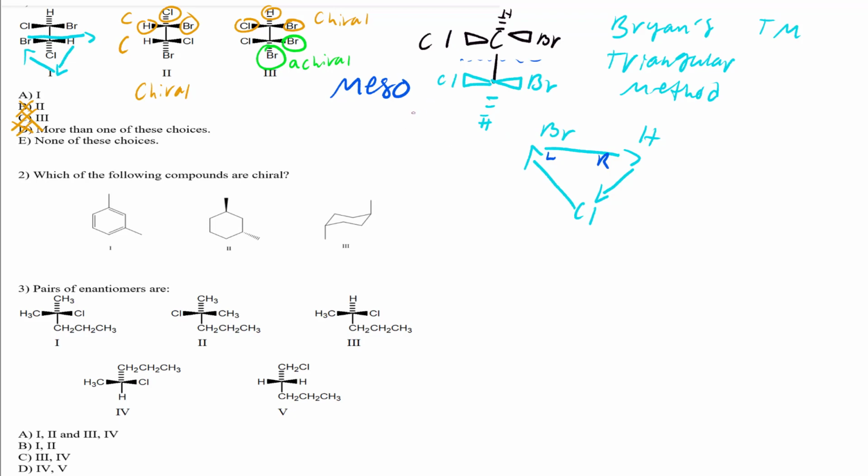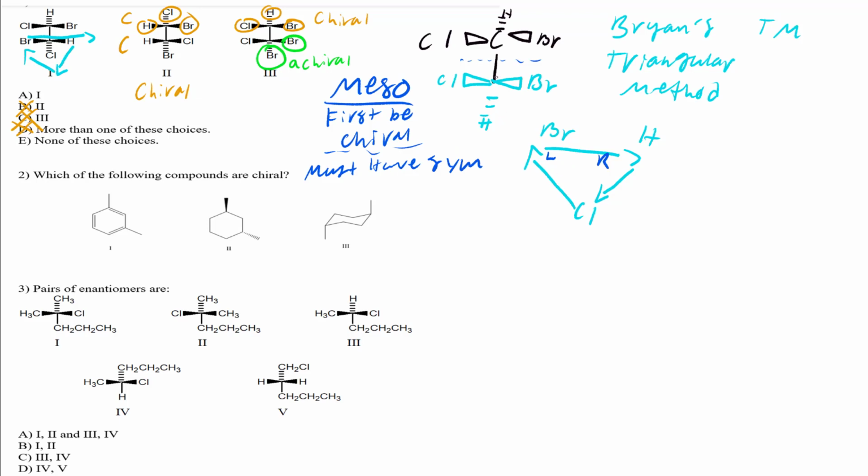So this is a meso molecule, and meso molecules turn chiral to achiral. So first, you have to be chiral. And then after that, you have to have a plane of symmetry. Must have symmetry. Right? And so we are chiral initially.